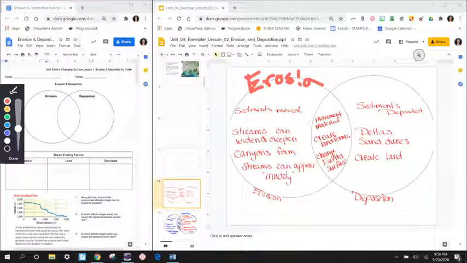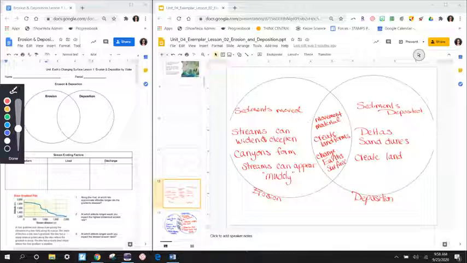Sorry, my pen isn't always super precise. Erosion is the movement of sediments. Streams can widen and deepen, canyons can form, and it can make streams appear to be muddy. Deposition is when sediments are deposited, it builds something called deltas and sand dunes. It creates land. So we're going to talk about some of these things.